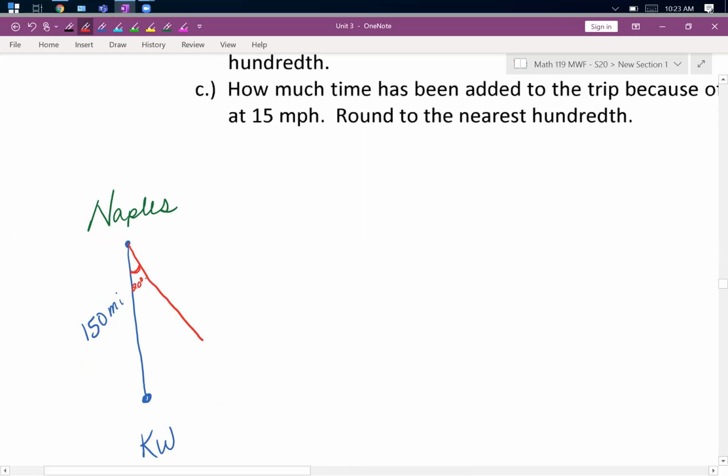So 20 degrees off course. It went 15 miles an hour for 4 hours. So we know that this distance here in the red is going to be 15 times 4, which is 60. And then the first question says, well, how far is it now from where they're at to Key West.